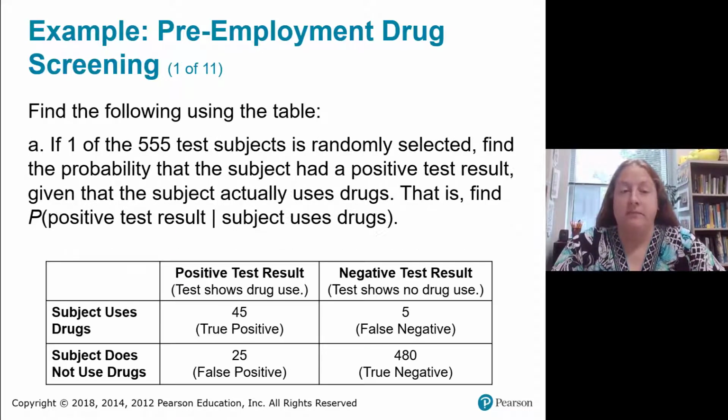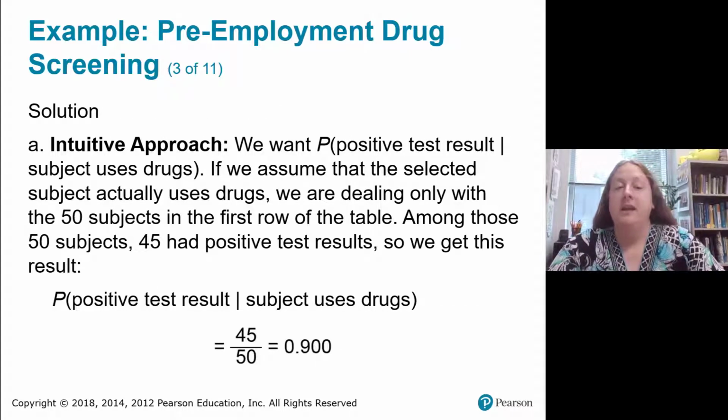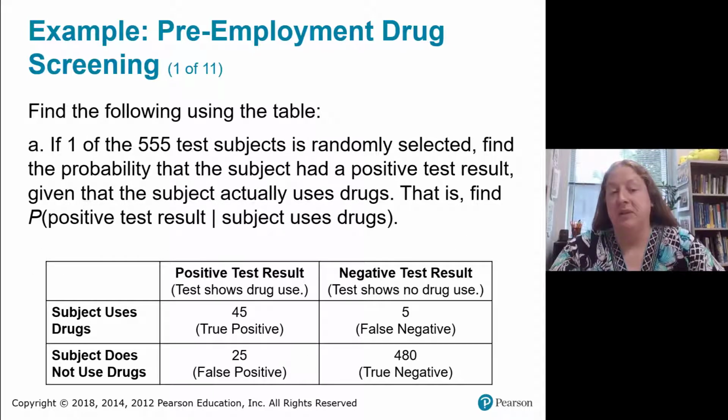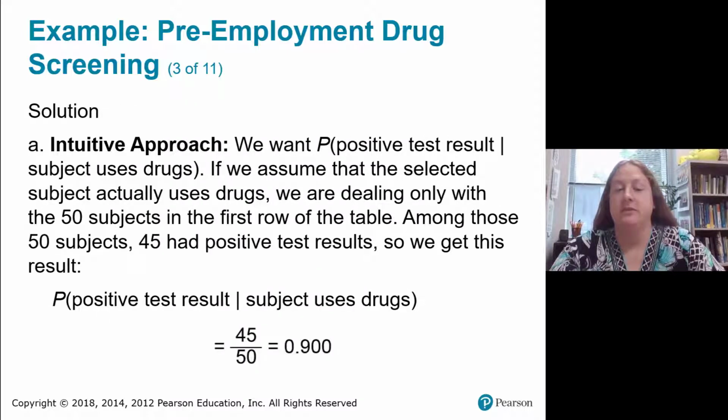And we see them in our first row of our table, 45 plus 5, that's our 50 subjects using drugs. And then we look and we see how many had positive test results. Well, we see that in the top left-hand corner, 45 of them have positive test results. So our probability is 45 divided by 50, which is 0.900. So that's our conditional probability using that intuitive approach.